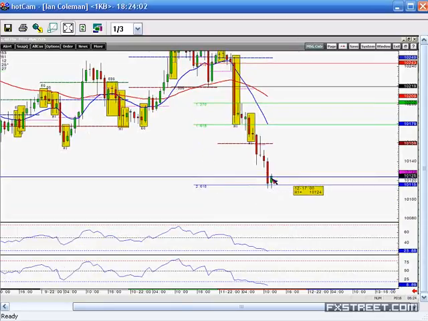Okay. I've got a confluence area. I've got 101.25, which is my daily support, and I've got this 101.15, which is my 261.8% level. Now, a corrective sequence, if we move up, the first level that we'd look at is here.